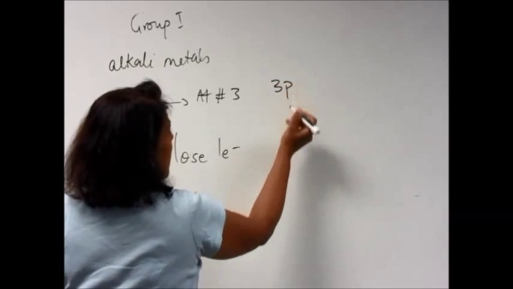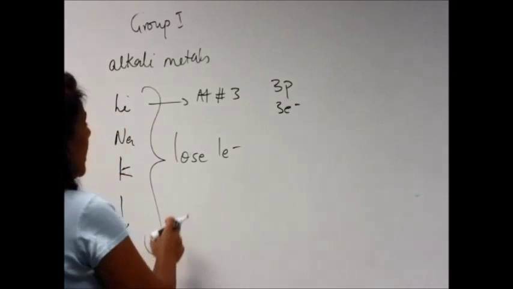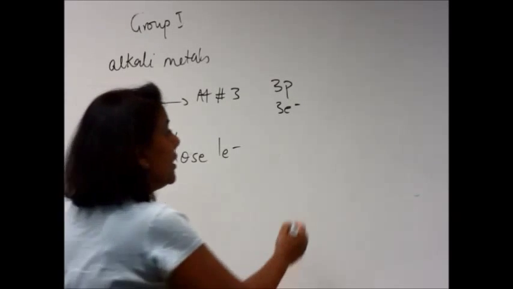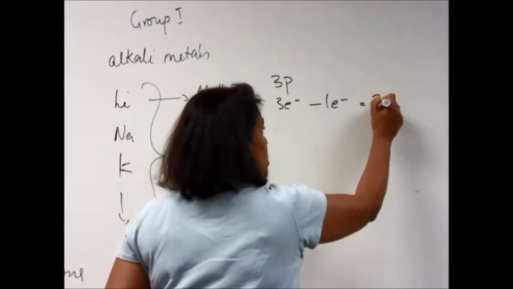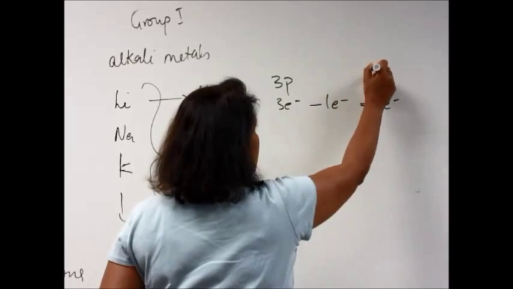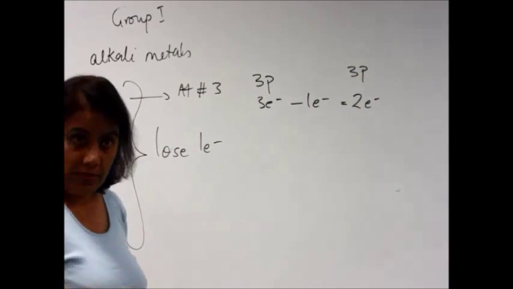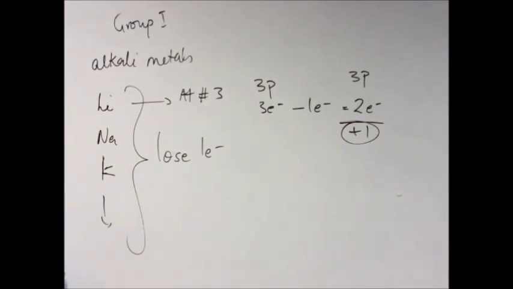How many electrons? 3 electrons. And I'm saying that you lose 1 electron, correct? So when it loses 1 electron, how many electrons does it have now? 2 electrons, and it still has 3 protons. So the residual charge is +1.